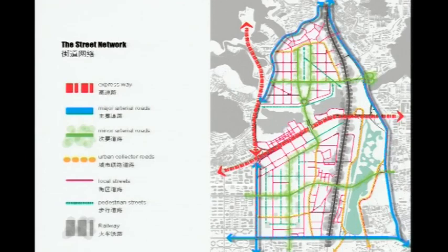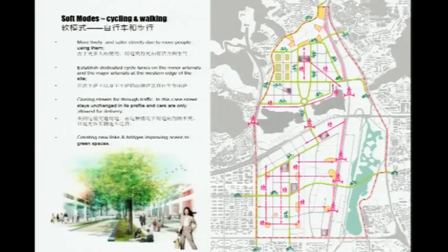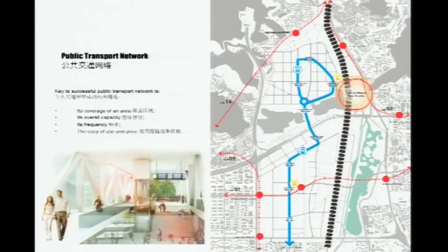So you have express routes, which already exist, then the major arterials, but we also defined a very fine mesh of different mobility systems, so that the inner area is connected and the mobility is maximized. And this goes together with slow traffic, cyclists and walkable areas, to define areas that can work in an autarkic way.